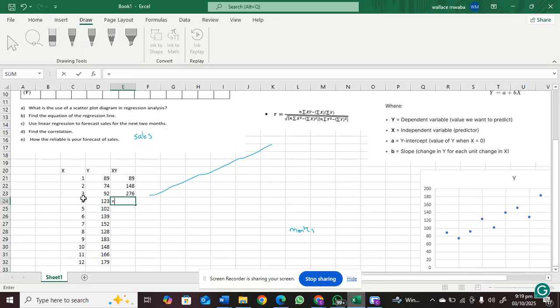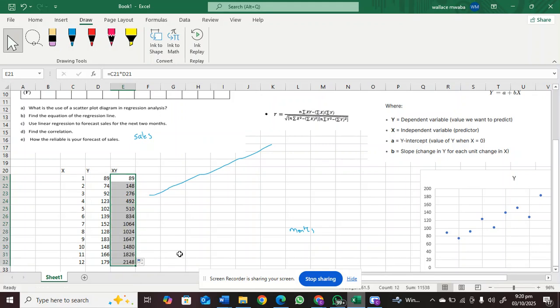You multiply each x variable with a y variable. That's the first thing.